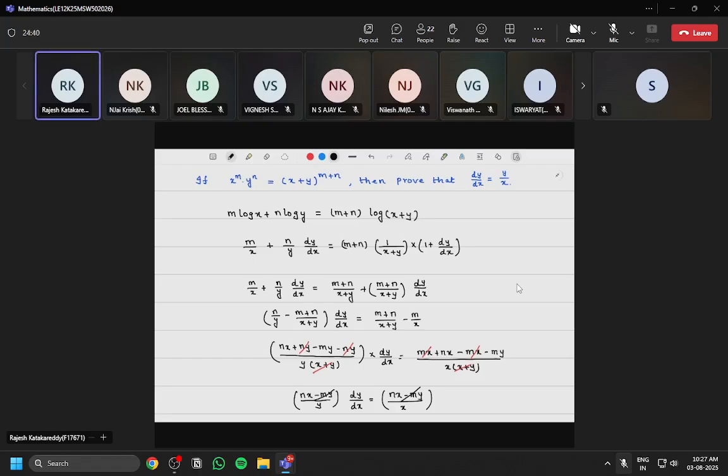I don't think it is easy to separate x and y inside the log. How did you separate it?